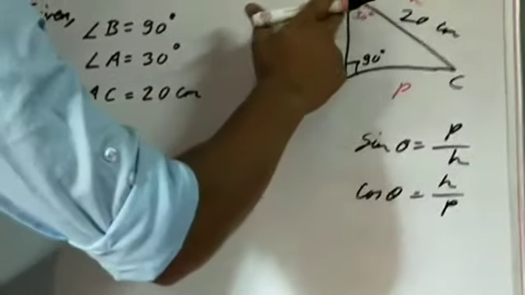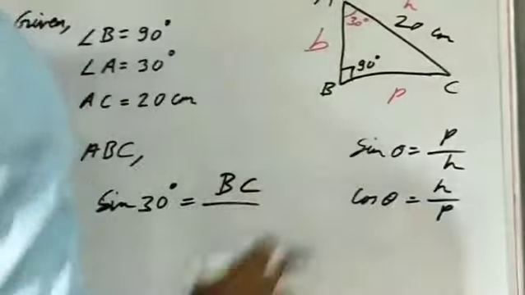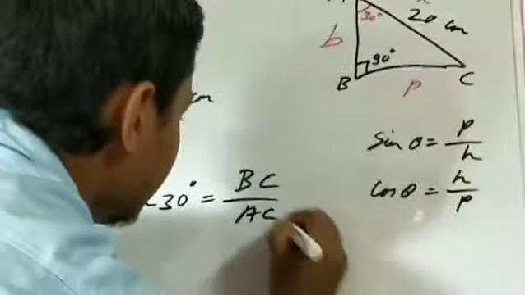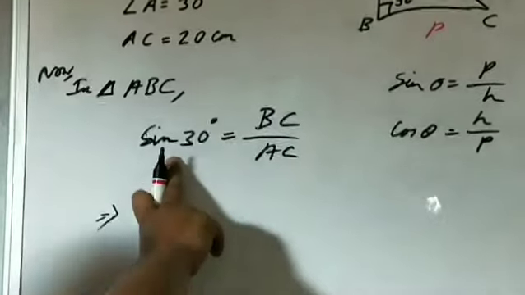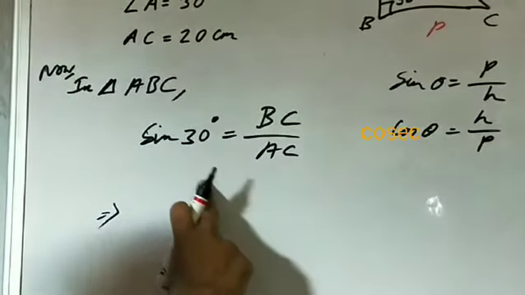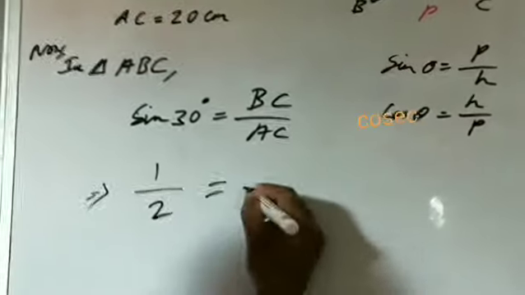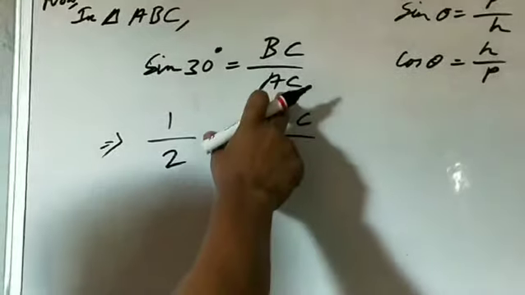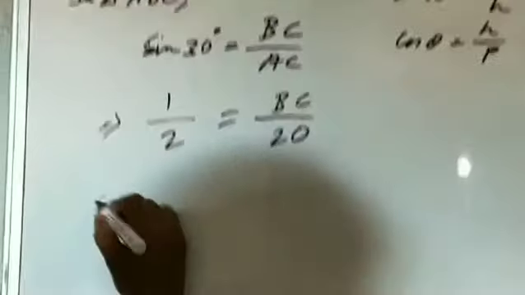So in this figure, perpendicular is BC and hypotenuse is AC. So what's the value for sine 30 degree? Value for sine 30 degree is half. BC will be BC and value for AC is 20 centimeter.